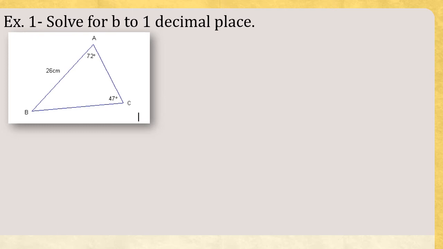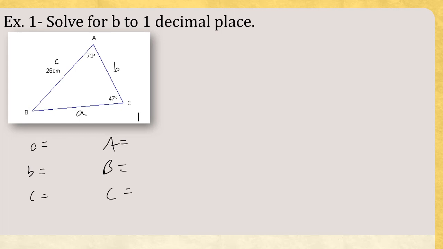First thing you should do, I gave you the labels of all the angles. You should label all the side lengths. So if we start with capital A, angle A, right across from it below is side A, small a. Capital B, right across from it, side B, capital C, right across from it, small c. What I like to do is make a little chart like this, and start with the side lengths, and then write the angles, and fill in what you know.